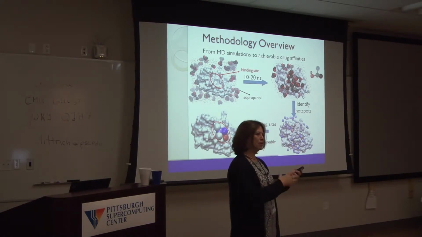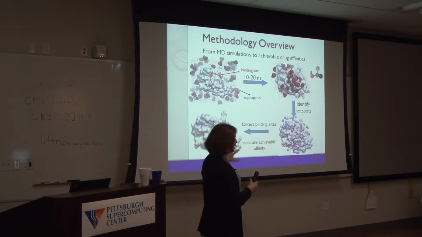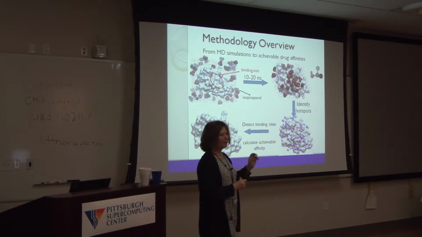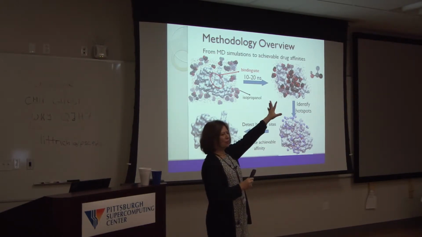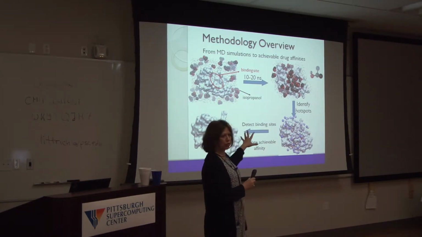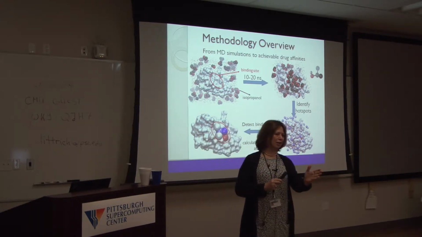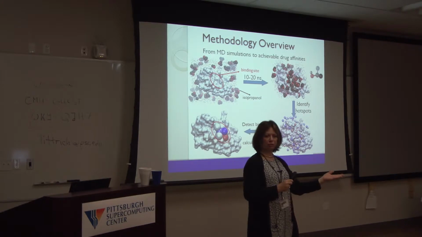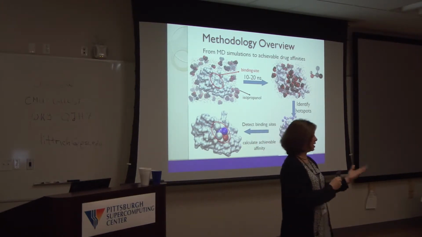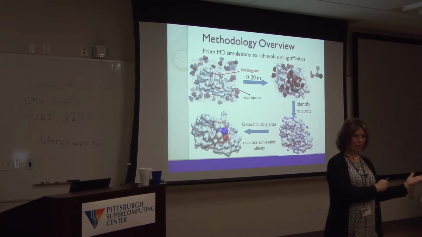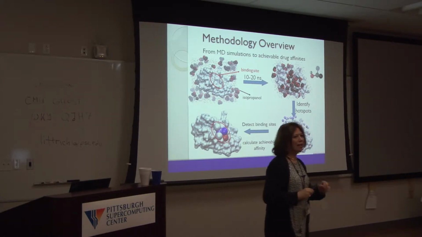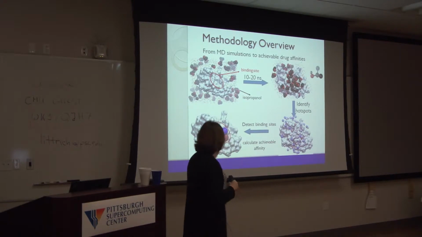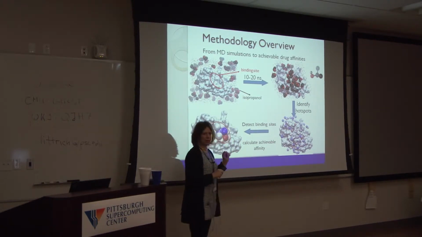So you can construct a three-dimensional model, a positive charge here, a hydrophobic aromatic group here, etc. And then you can screen this model against libraries of small molecules to find whether there are already some drugs that have the same shape or properties. So this type of druggability simulations allow you to build some pharmacophore models.